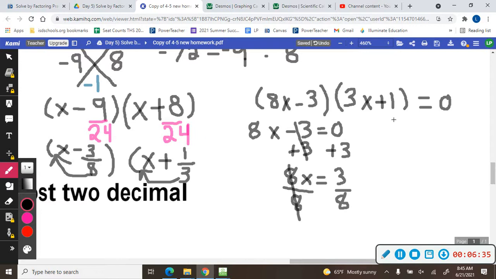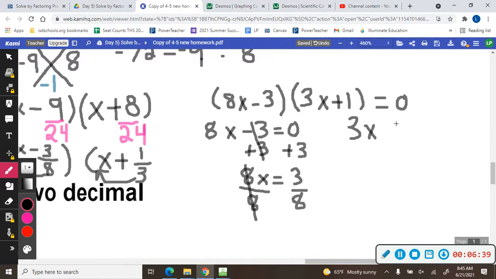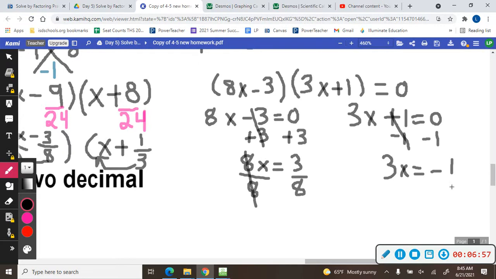On the other one, you have 3x plus 1 equals 0. You subtract 1. And then divide by 3.